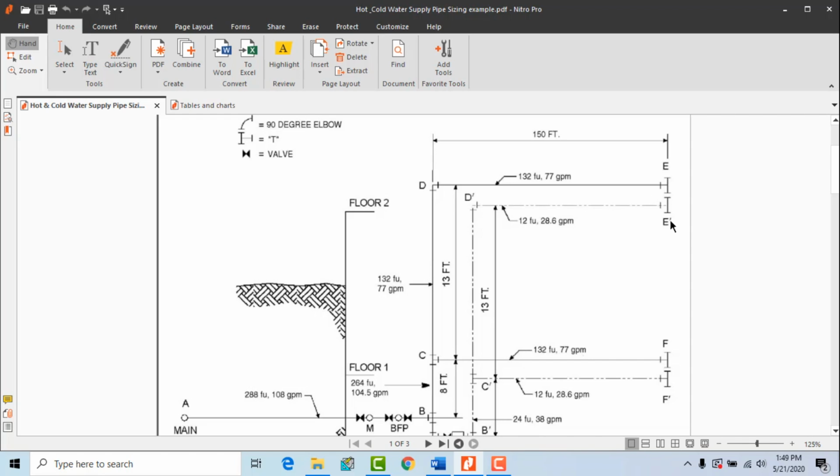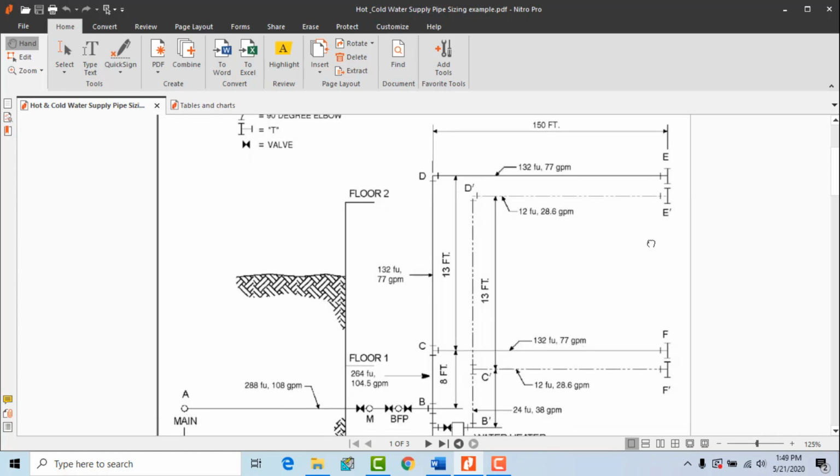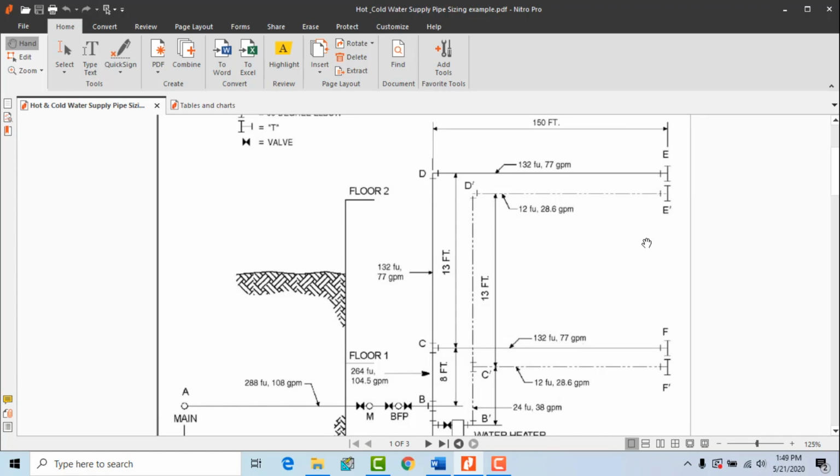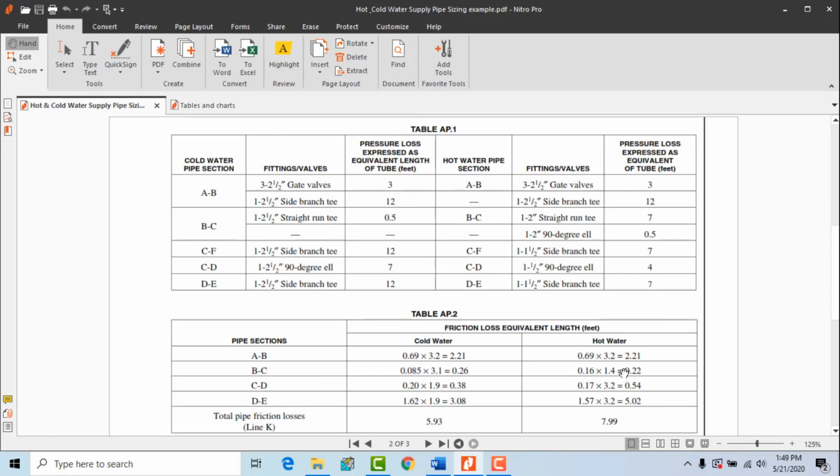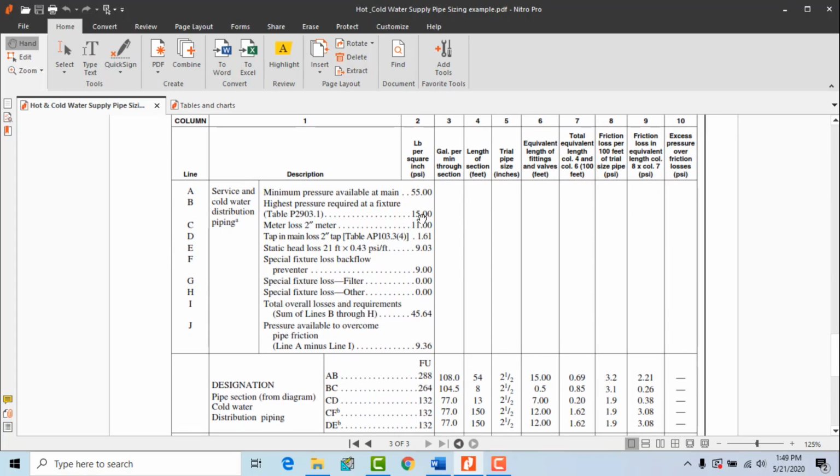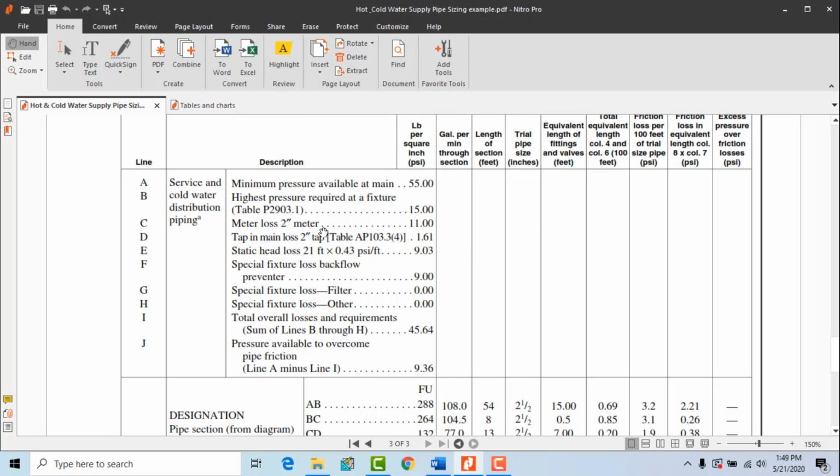And if your highest group of fixtures contains flush tanks, then the pressure for that group should not be less than 8 psi. Since we have flush valves here, we took 15 psi as per IPC. So that's why 15 psi is the pressure required at the highest fixture. And we have a 2-inch water meter here.